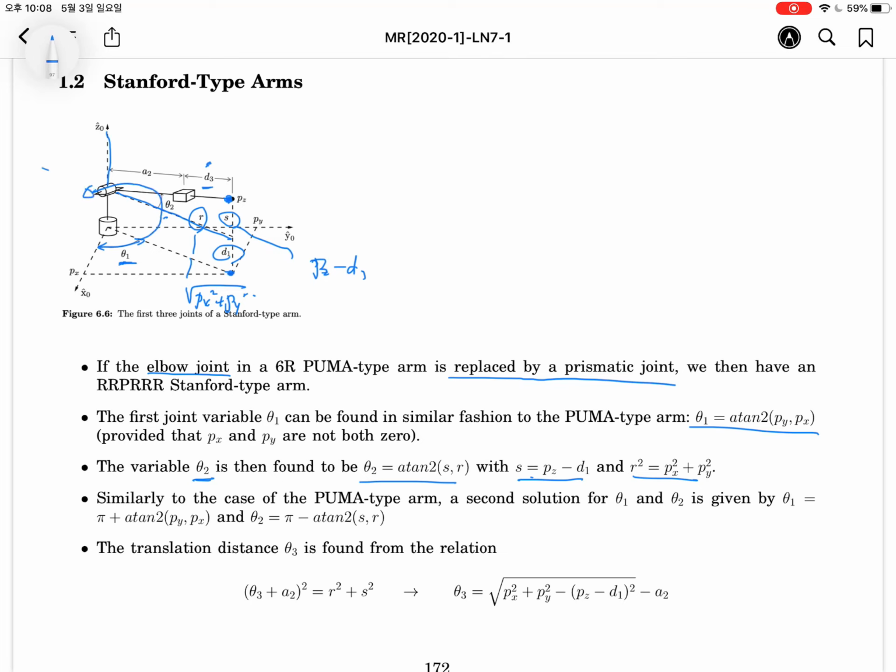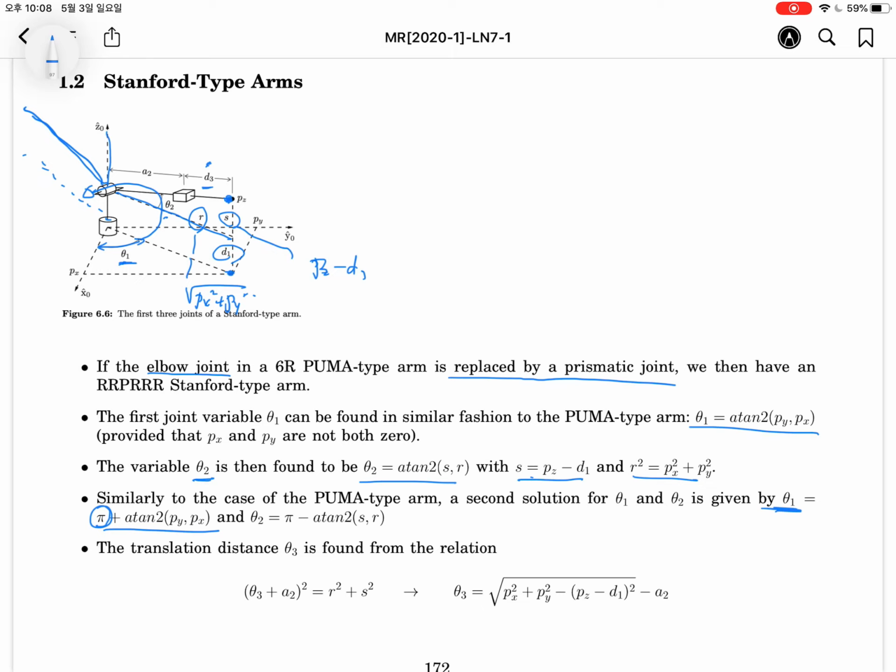Let's consider the second solution. If you add pi to theta 1, maybe it is located like this. Is it right? So by adding pi to the theta 1 angle, we have the opposite configuration.